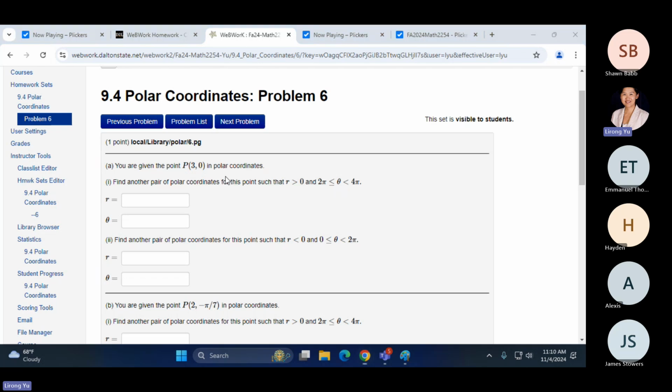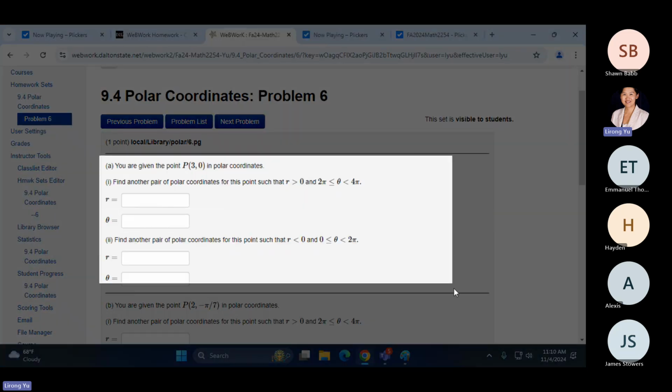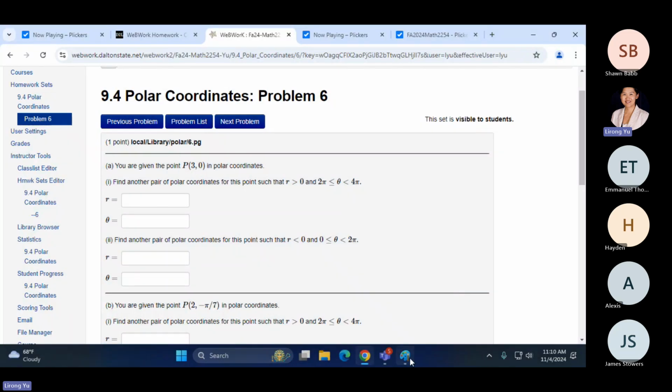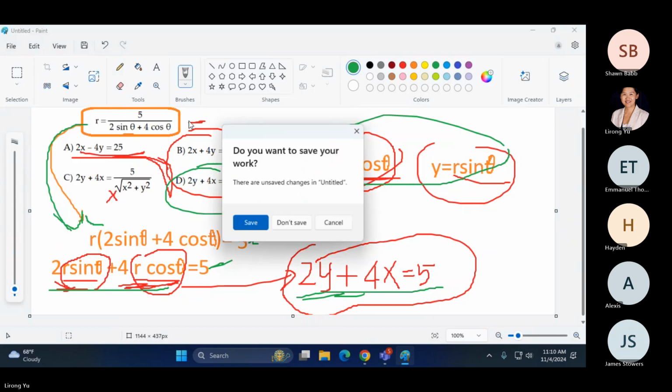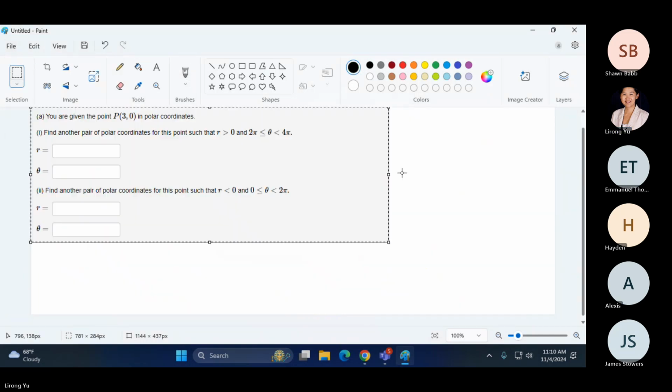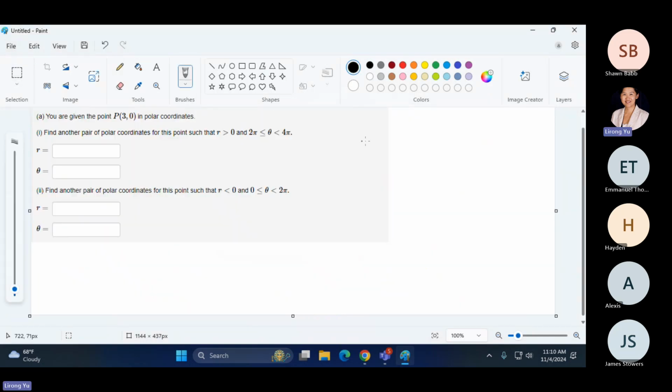So we can draw that point, which is A. Radius 3, angle 0 is here, and this distance is 3.